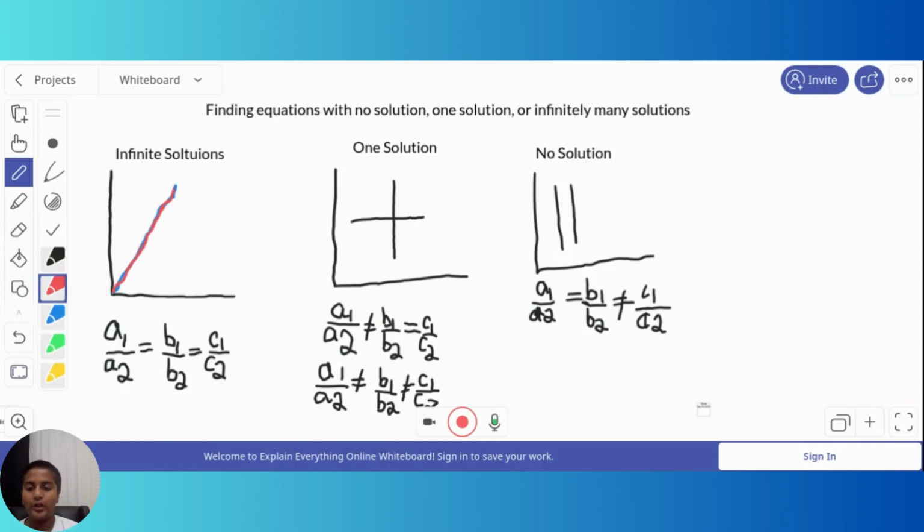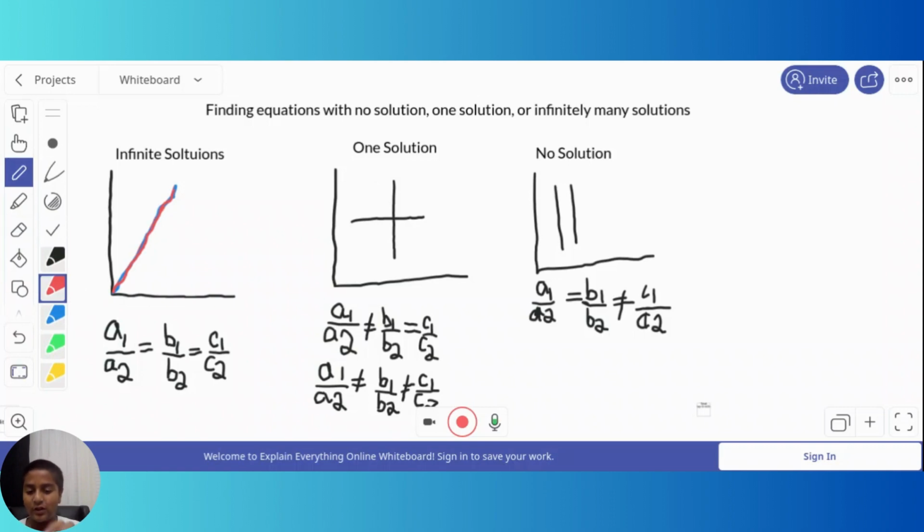And that origin represents the one solution that's there. And then no solution is parallel lines, because if you think of train tracks, they're always parallel and they don't intersect, meaning there's no intersection point. So if there is no intersection point, there's no solution.